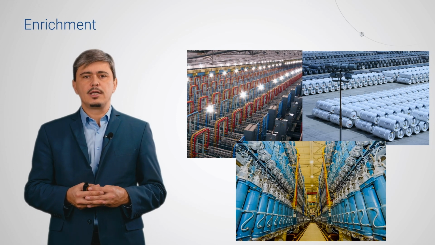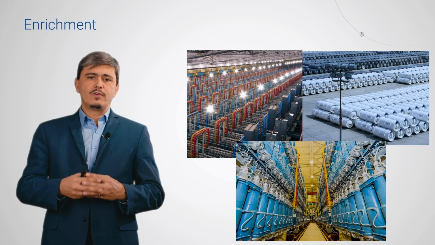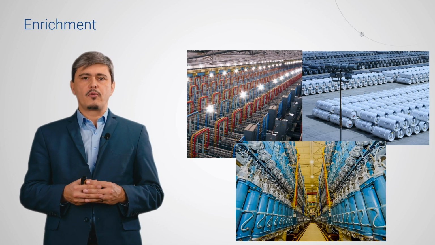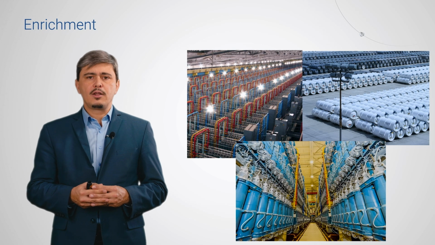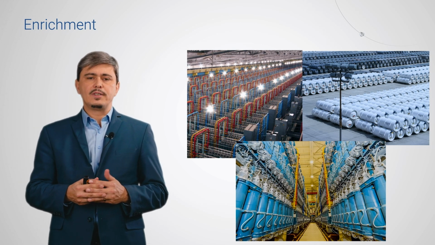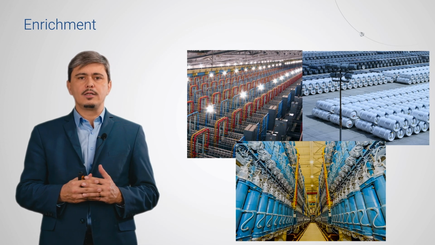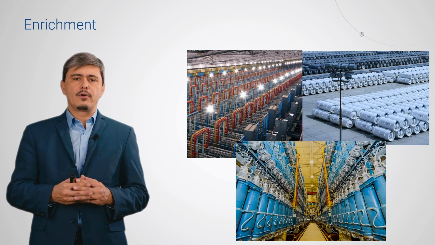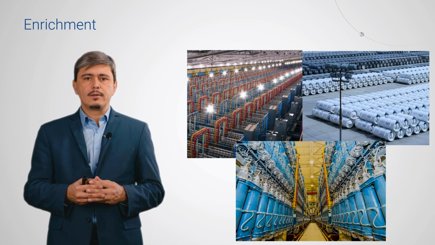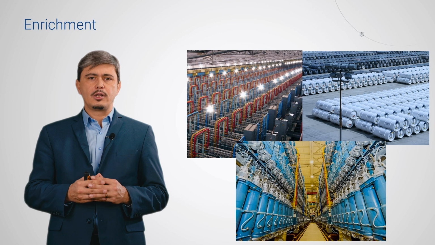is enrichment by centrifuge. On this slide, you see photos from different enterprises of Rosatom State Corporation in Russia. A centrifuge looks like some cylinder. We pump into this cylinder uranium in gaseous form as uranium hexafluoride, and this centrifuge rotates with very high rotating speed.